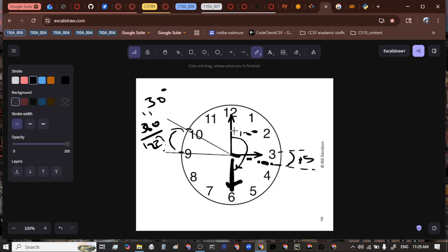Midnight means 12, so this is alpha. This is going to be our alpha right here, the whole angle, because midnight is 12.